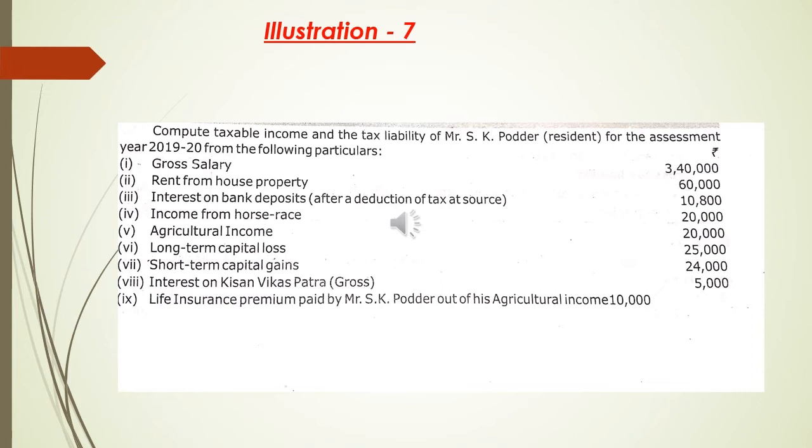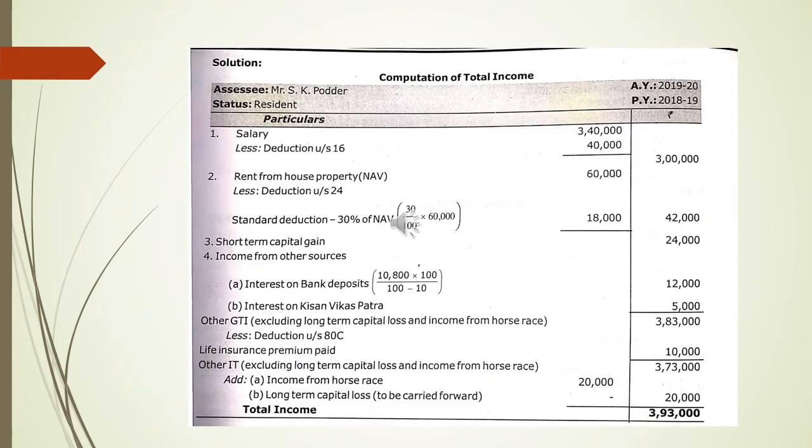Long-term capital loss, short-term capital gains, interest on Kisan Vikas Patra gross is given, life insurance premium paid is given. Let us understand how to do the tax treatment for this. See, in this question, they have given us the gross salary. That gross has to be converted into net taxable income.